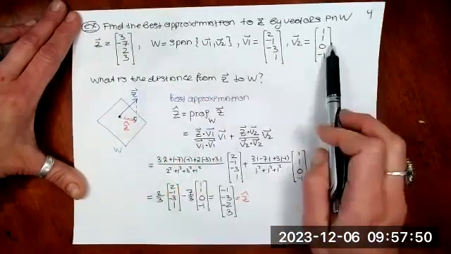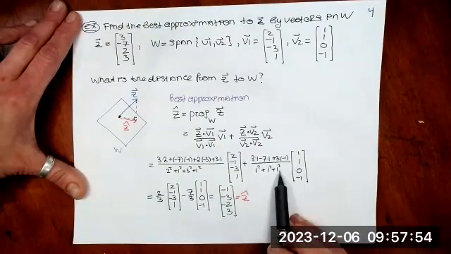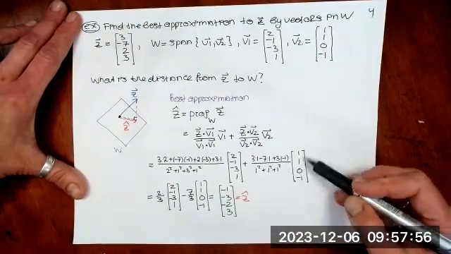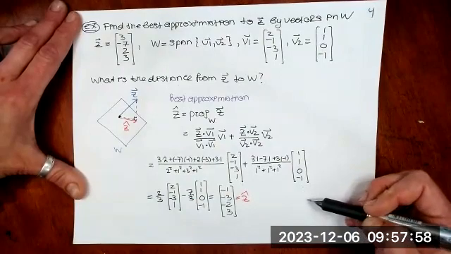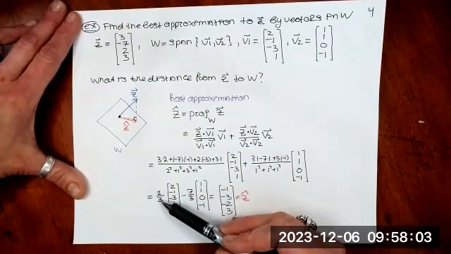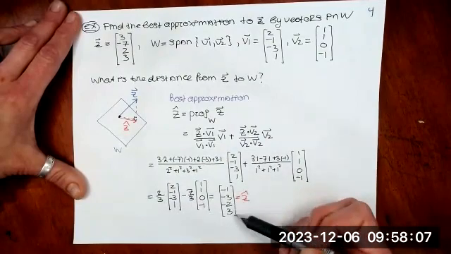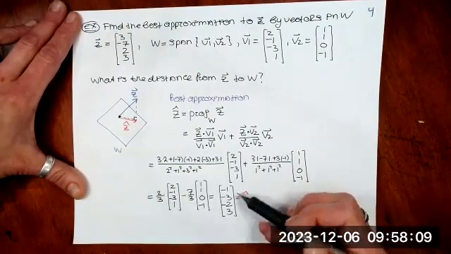I'm just doing dot products, right? 3 times 1 minus 7 times 1, and so on. This is my V2 dot V2 and V2. Now, it's basically just algebra here, right? Compute everything, multiply 2/3 by this vector, 7/3 by this vector, and do all the algebra.